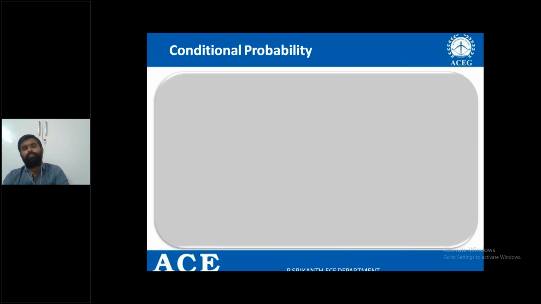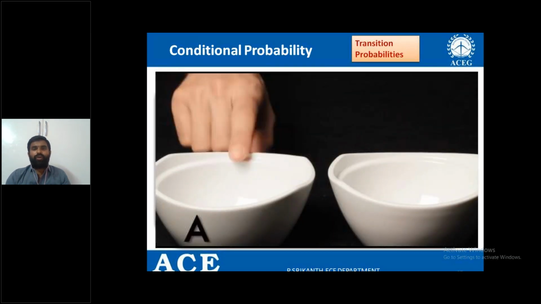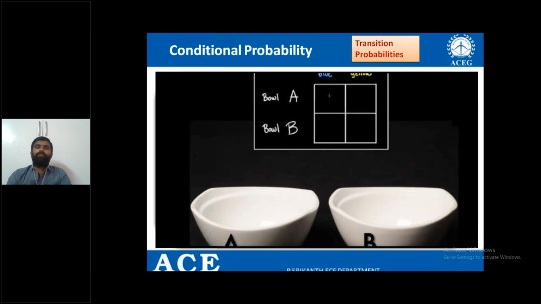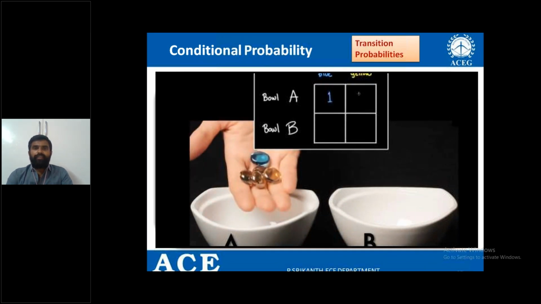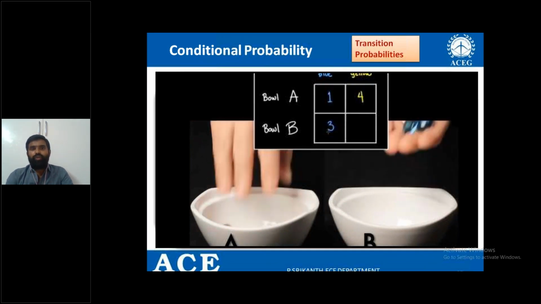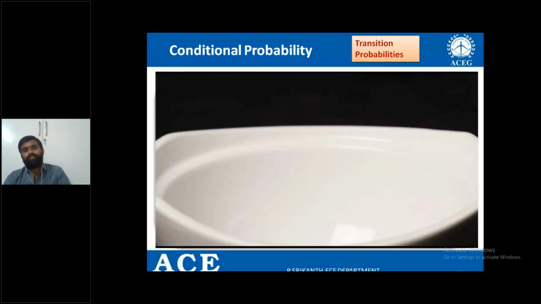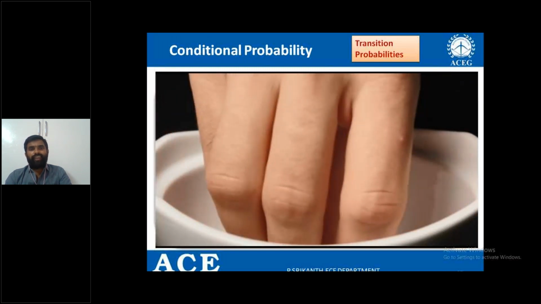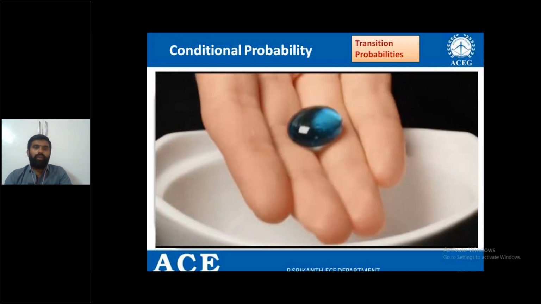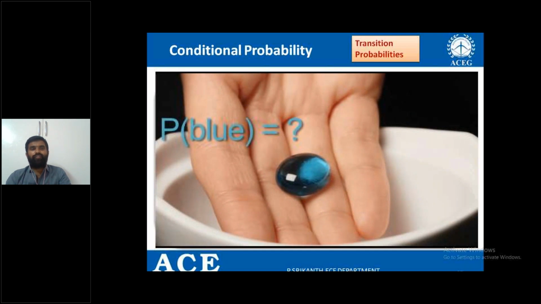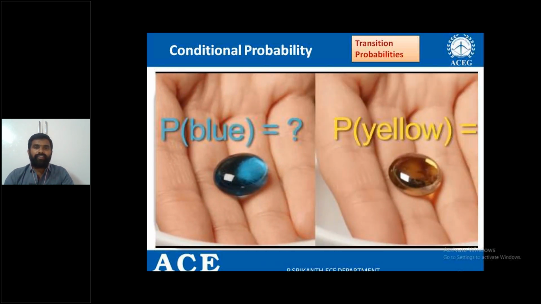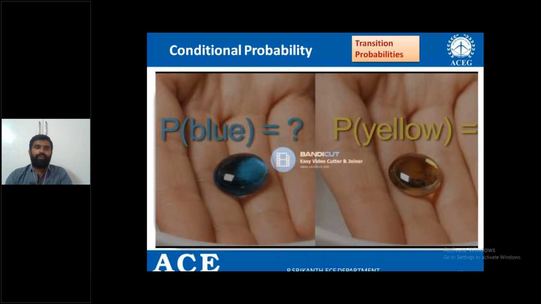Let me give a simple application here, and you are supposed to give the answer. I am selecting two bowls. One bowl is A, another bowl is B. Bowl A has one blue marble and four yellow marbles. Bowl B has three blue marbles and two yellow marbles. When I select a blue marble from bowl A, what is the probability?